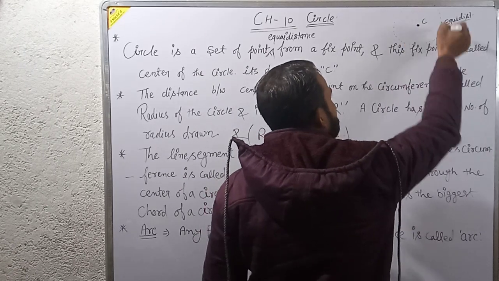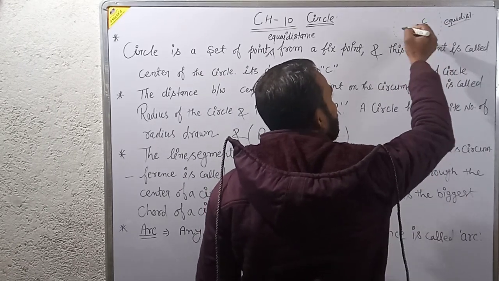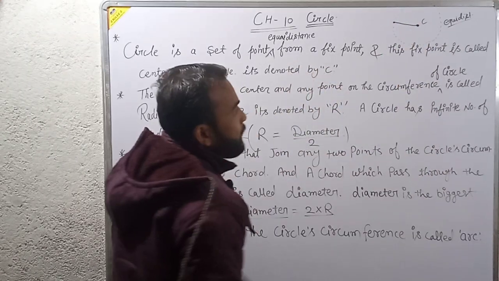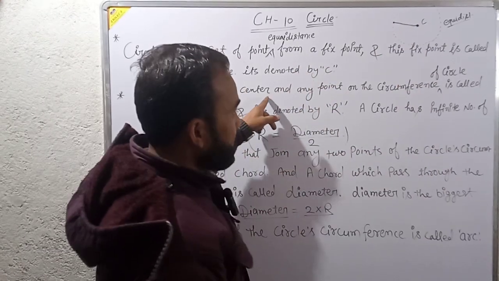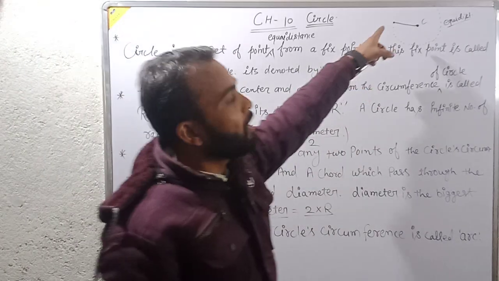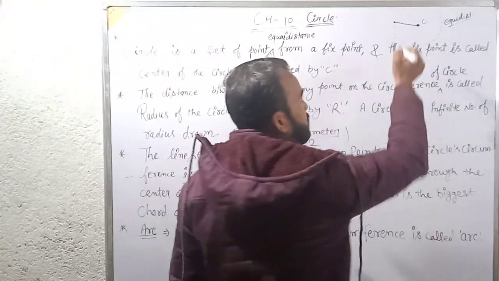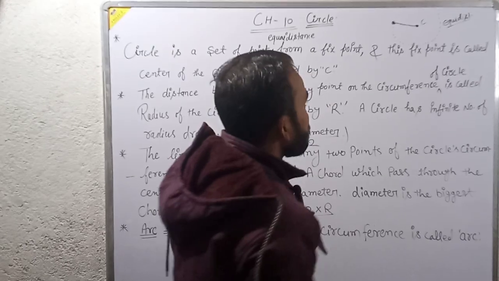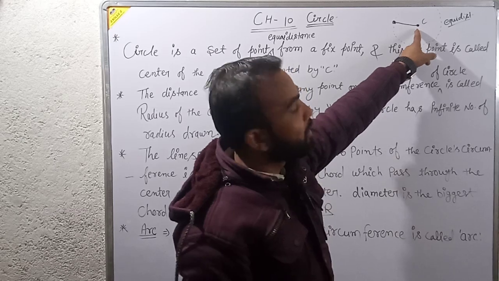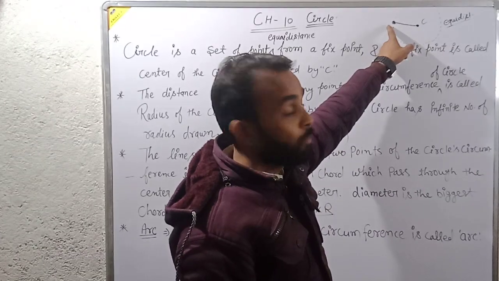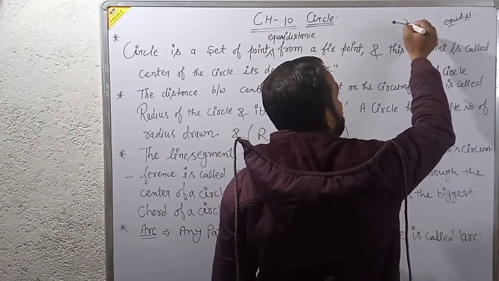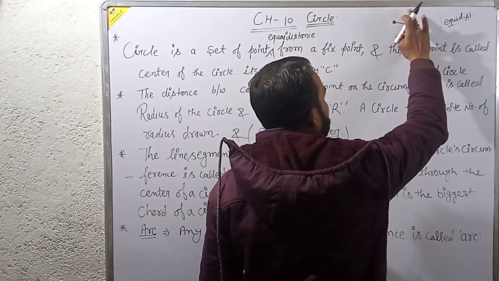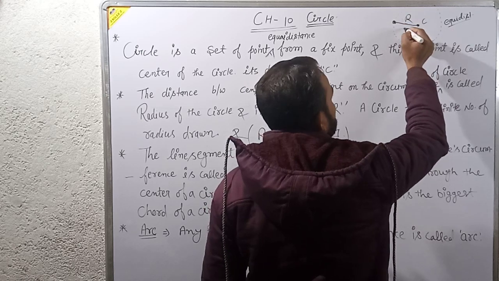This is the distance between the center and any point on the circumference. Let me suppose this is any one point on the circumference. So the distance between the center and any point on the circumference is called the radius. This is the radius, and it's denoted by capital R or small r. Clear?